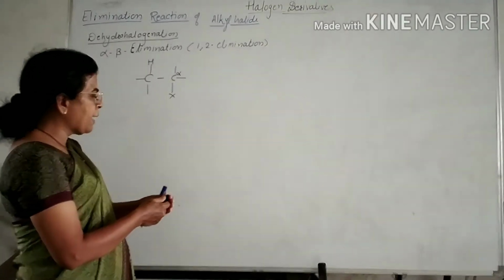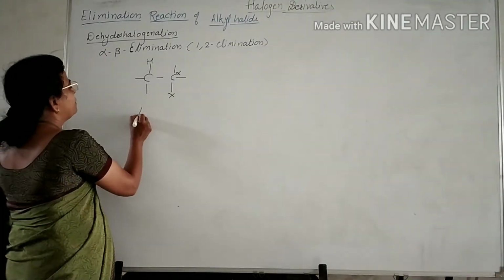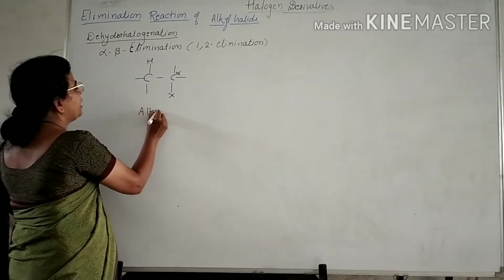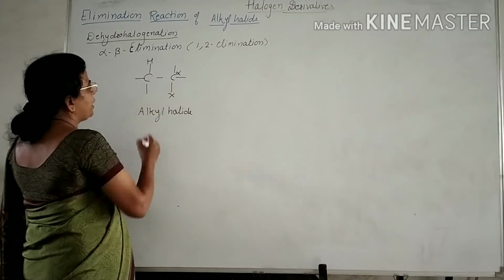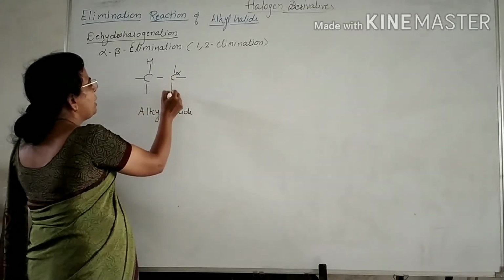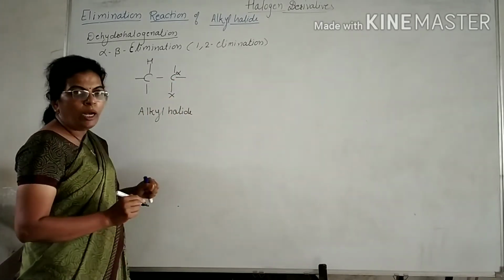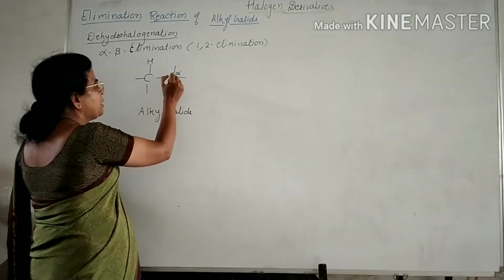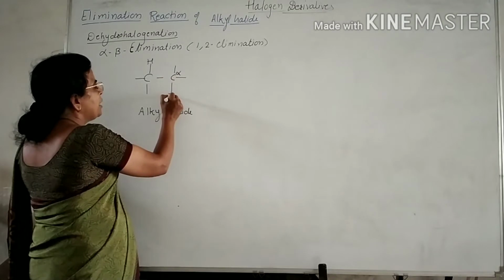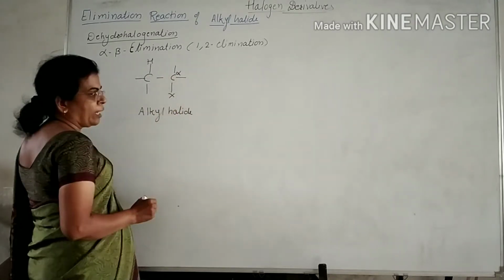Now, if we take an example of any alkyl halide, here there are two carbon atoms, in which the carbon atom which is attached to the halogen atom is called the alpha carbon atom, and this halogen atom is attached to this alpha carbon atom.